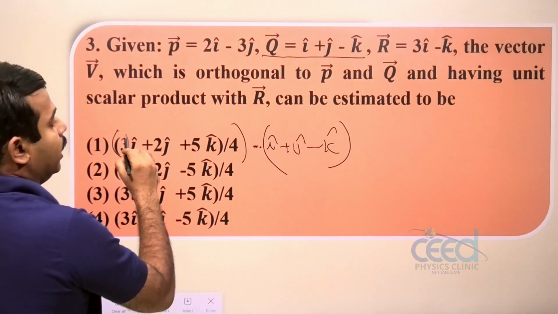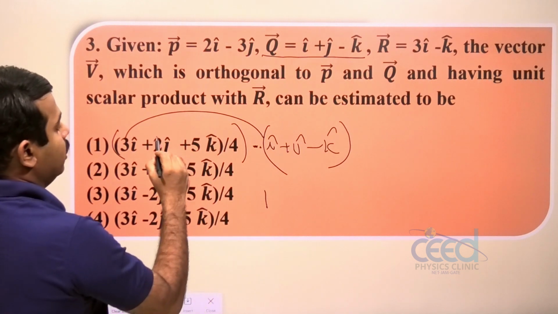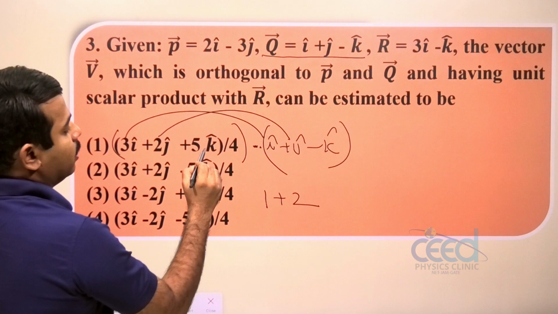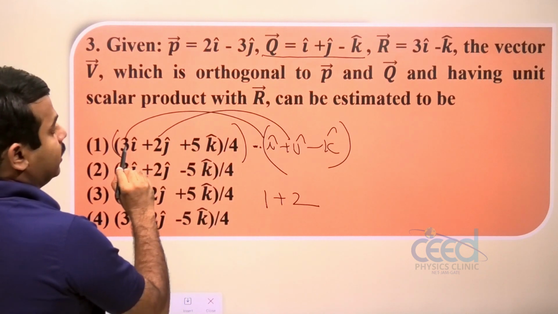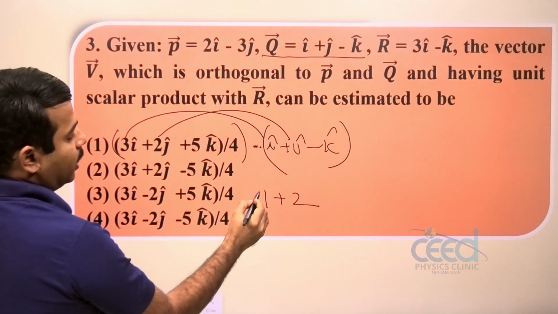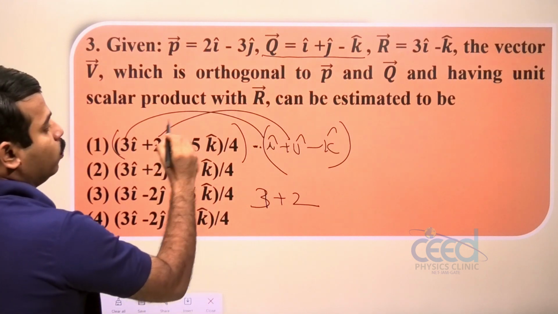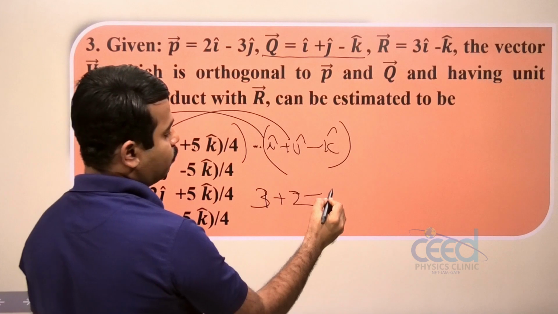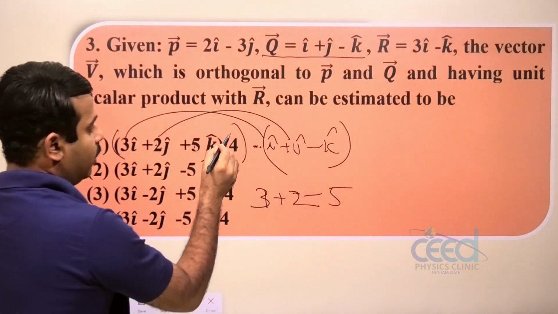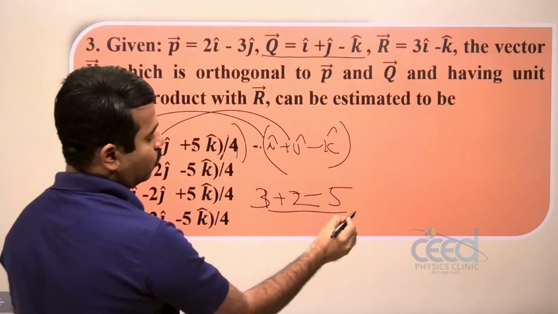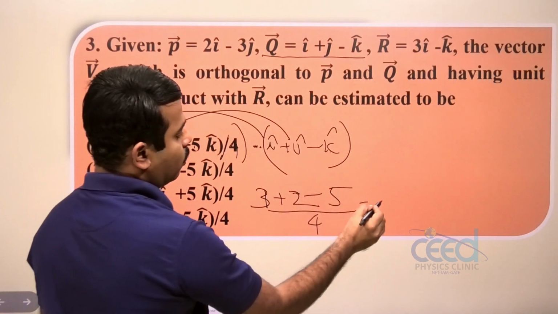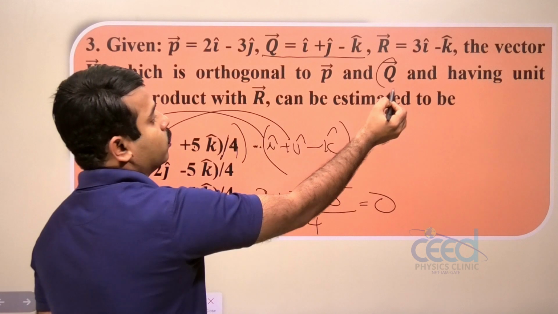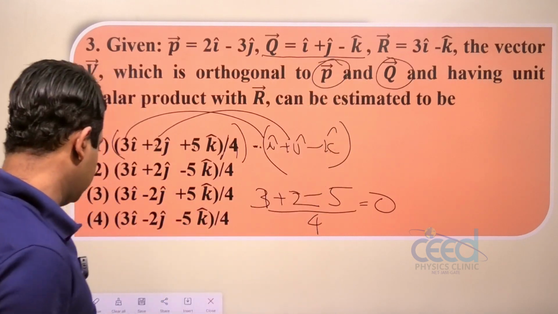Then 3 into 1 is 3, sorry, 2 into 1 is 2, 5 into minus 1, that is minus 5. Then divided by 14 here, the numerator dot product is 0, so it is orthogonal to Q also. Then two conditions are satisfied, right.